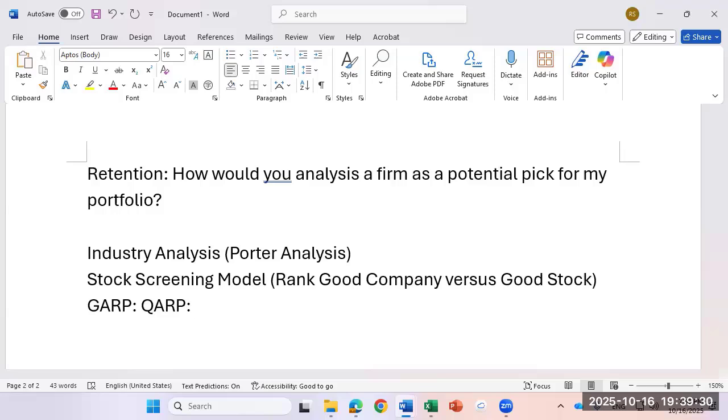You just did a GARP model. What is GARP? Any guesses? What does the G stand for? Or the Q? Growth? Or what? What's my Q? Quality? And what's the rest of it? The A is a really small word. At a, and what's the last? Reasonable price.